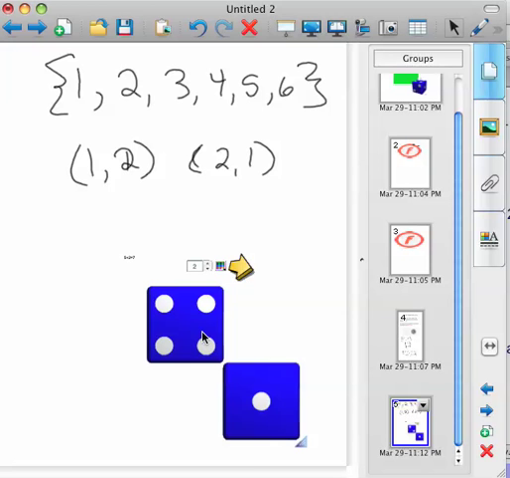Like here's 5, so for a 5, the chances of rolling that would be a 1 and 4, 3 and 2, 2 and 3, or 4 and 1. So you can go either way on that.